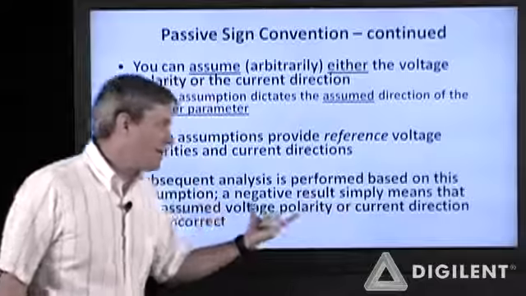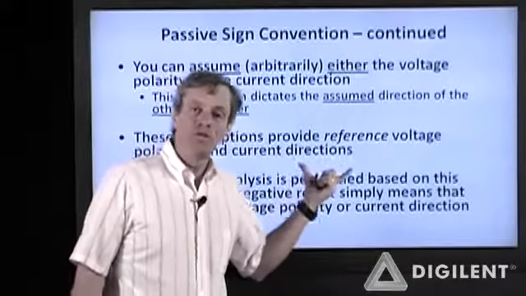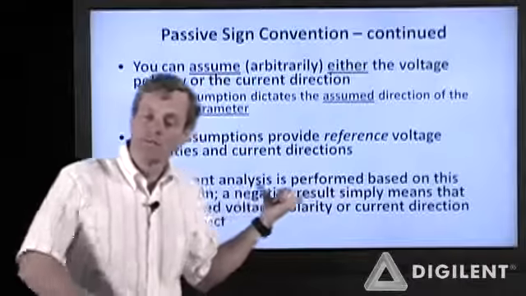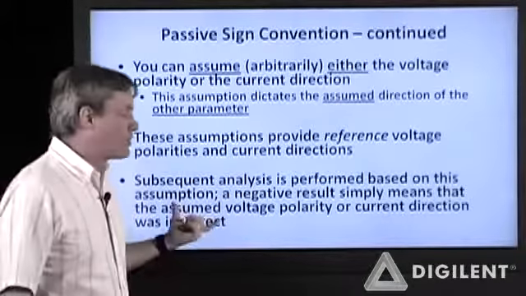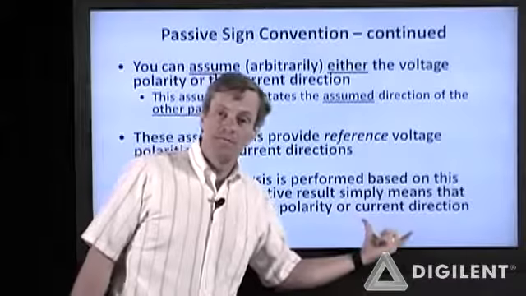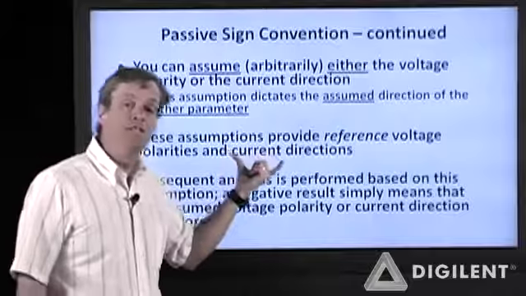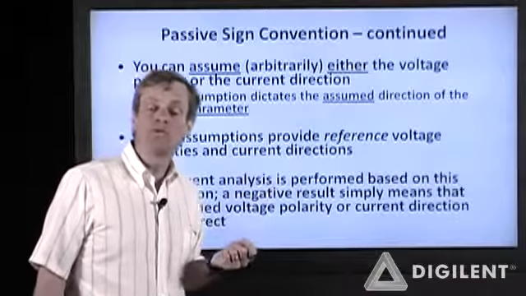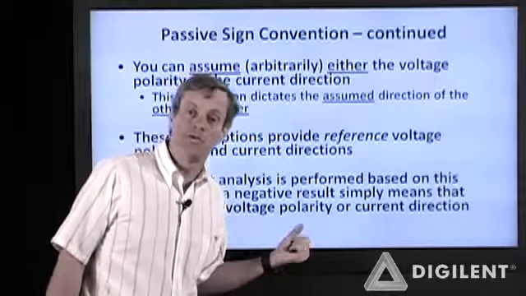If you do your analysis and you get a negative result, that just means that you assumed the wrong voltage polarity if your voltage turns out to be negative, and you need to swap the polarity. If your current turns out to be a negative number, you simply assumed the wrong current direction. These are just telling you how to interpret a positive relative to a negative result of any of your analyses.